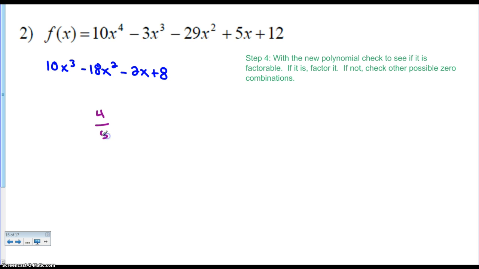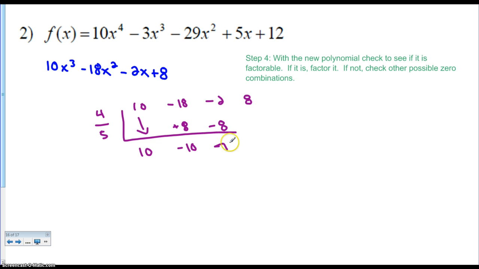So I'm plugging 4/5 into 10, negative 18, negative 2, and plus 8. When I do that, I get 10, negative 10, plus 8 gets me negative 10. And then I get negative 8, which gets me negative 10.